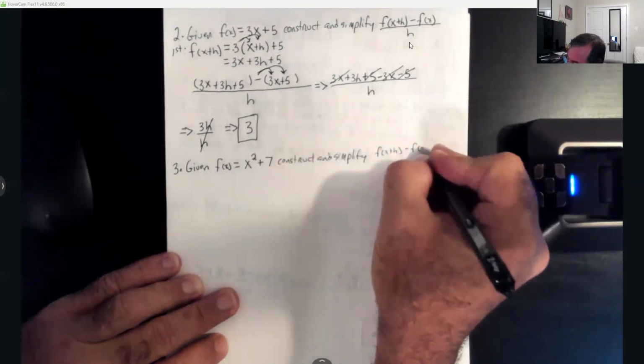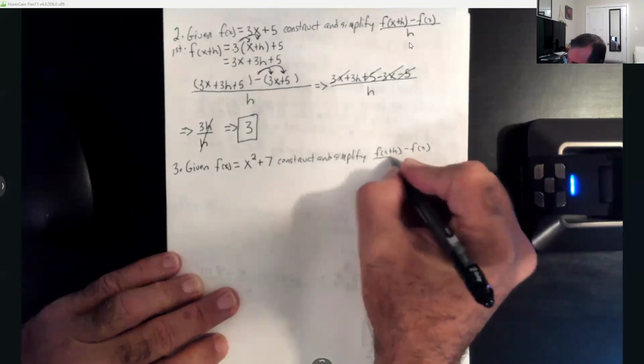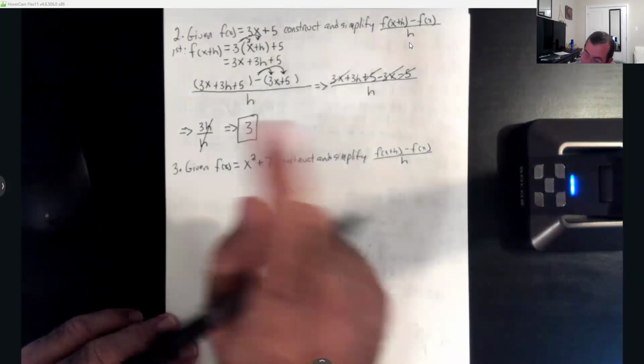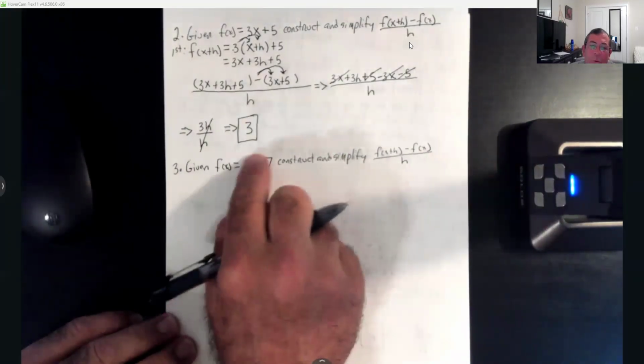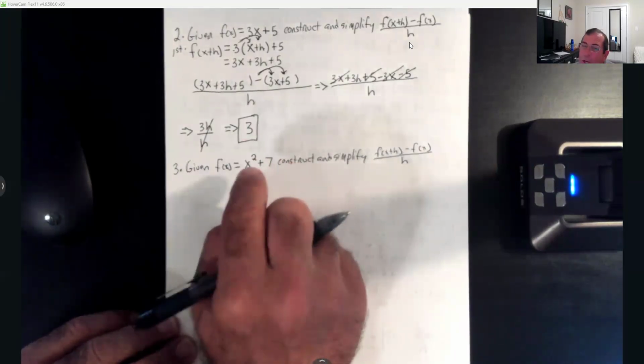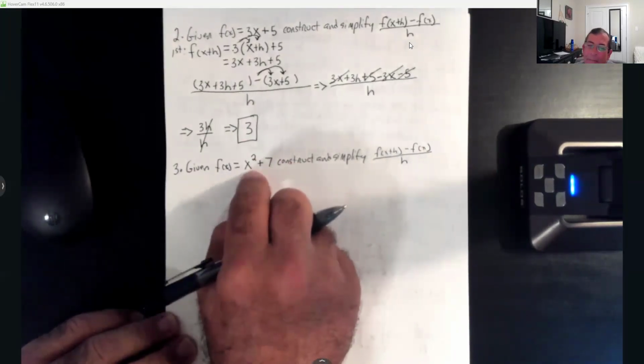And that's my f of x plus h minus f of x all over h. But y'all notice this time it's an x squared, so the slope ain't going to be a single number on this thing here, okay?